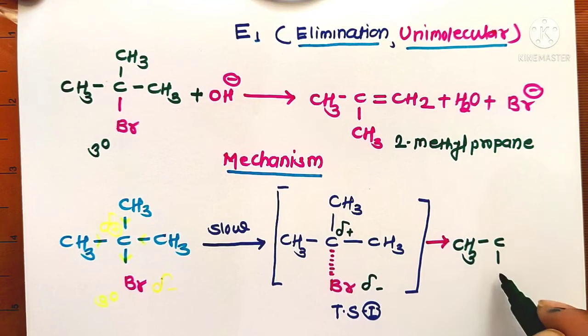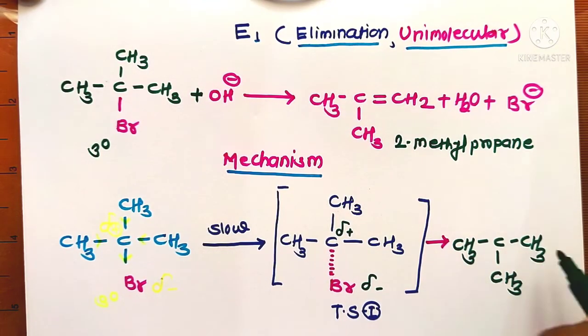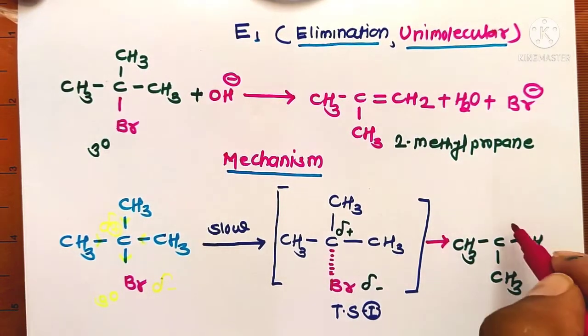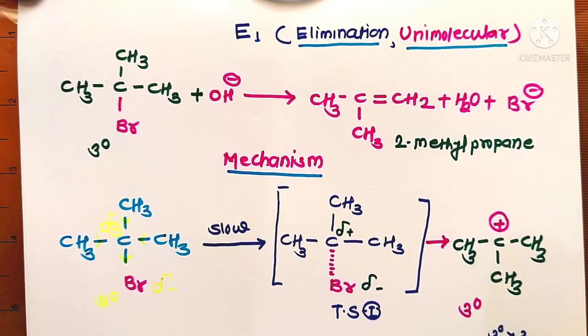Now Br leaves with its bonding pair of electrons to form CH3, CH3, CH3, and the central carbon atom contains a positive charge, that is, formation of a tertiary carbocation. According to the stability order of carbocations, tertiary is more stable than secondary, which is more stable than primary.